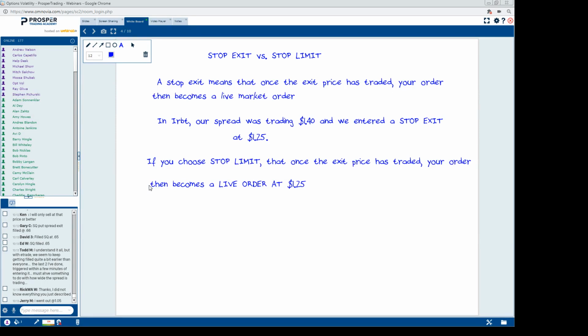And so if I want to get out of a trade, I want to get out of it. Whether I lose an extra penny or two, or make an extra penny or two, there's a reason I want to be out of that trade. And so I am exiting. That is the reason I prefer to use stop instead of stop limit.